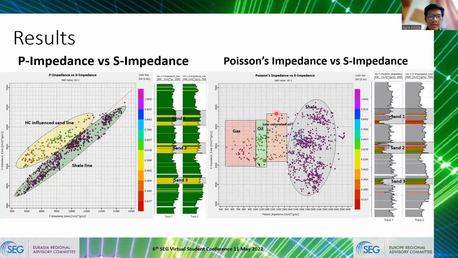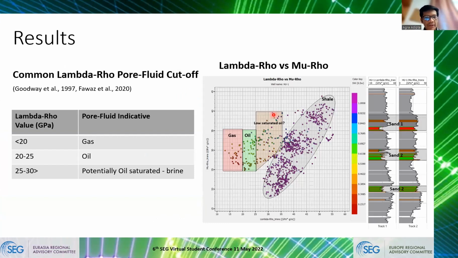Using also the lambda mu rho, because we already have this so-called cutoff, we can discriminate which part of the sand is saturated with gas, which one is saturated by oil, and also which one is considered as low saturated oil or going towards a brine or water formation.